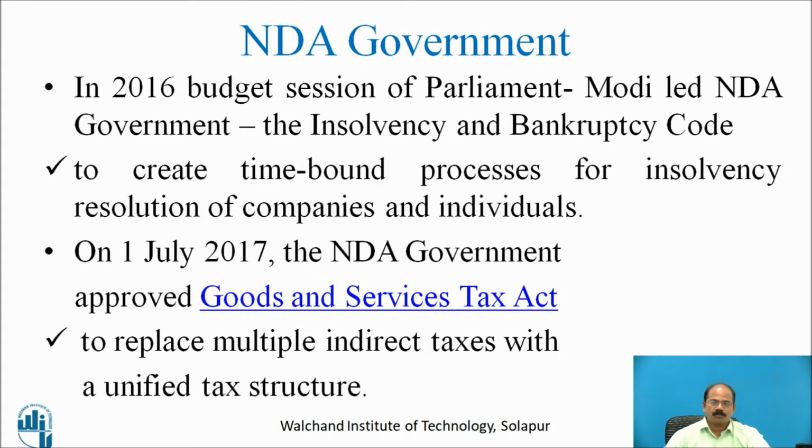There were two parts in that. One was going to the central government and one part was going to the state government. To replace multiple indirect taxes with a unified tax structure was in the mind of Vajpayee in 2000 itself, but it really got converted into a bill in 2017.